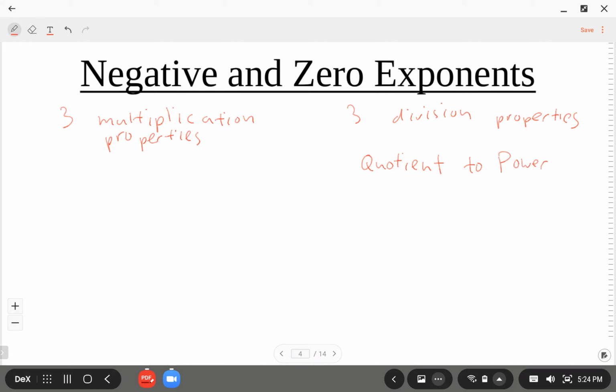Quotient to a power is basically x over 4. That's going to be a quotient. So when you're dividing something, it could be 2x over 4, something like that, and then you raise that to a power.